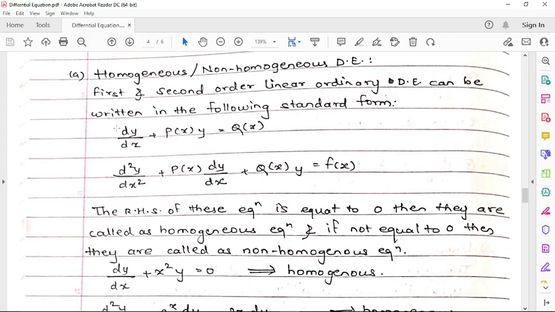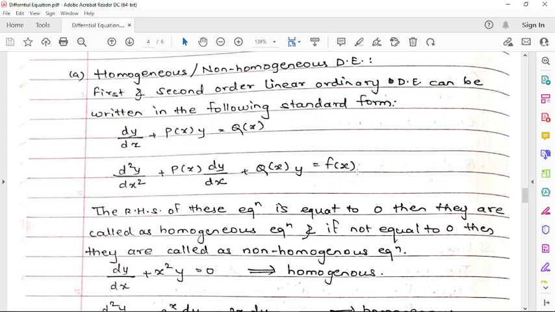Here we first write dy by dx plus p of x times y is equal to q of x. Or if that equation is second order, then d square y by dx square plus p of x dy by dx plus q of x y is equal to f of x. What are p of x and q of x?